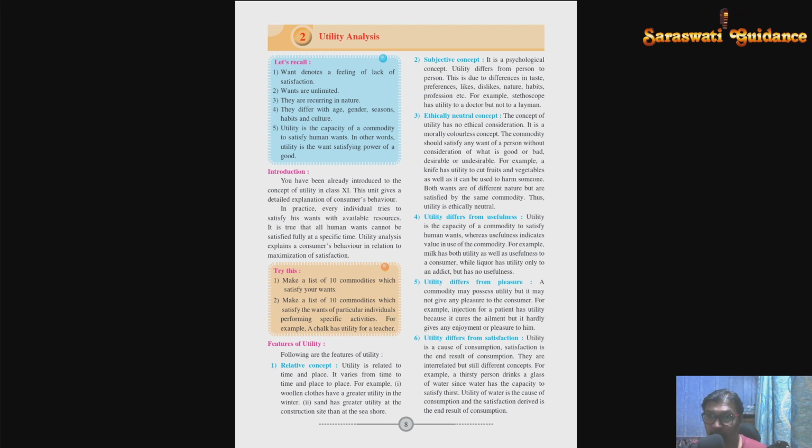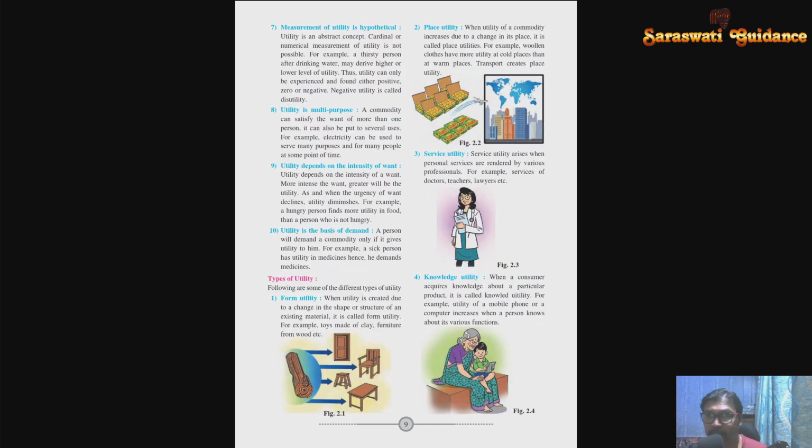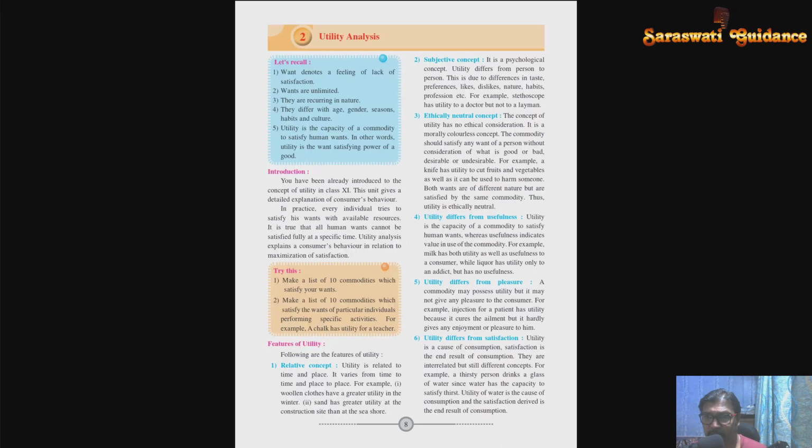After this introduction, go to the bottom of the page where you are going to see features of utility. There are about 10 features on page number 8. Let's study the features of utility.